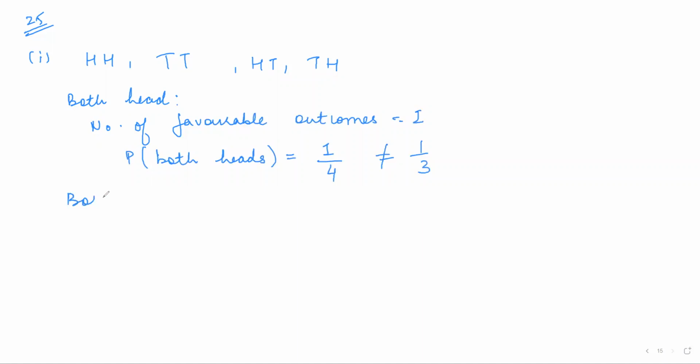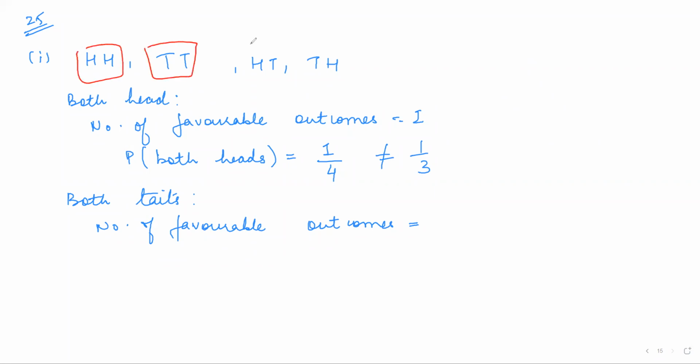Similarly, if I take both tails, again the number of favorable outcomes is one, but according to the question, the total number of events will be 3. See, two heads, two tails, and one of each. So basically this is one case where both are heads.